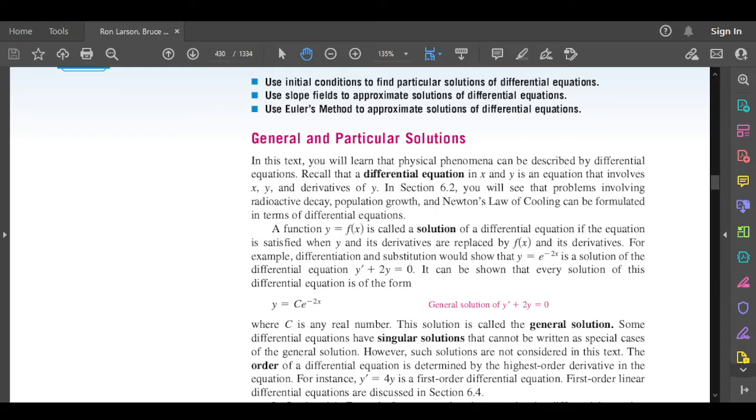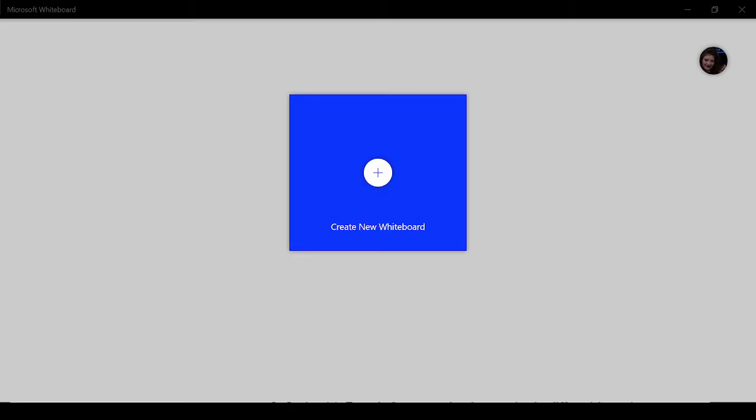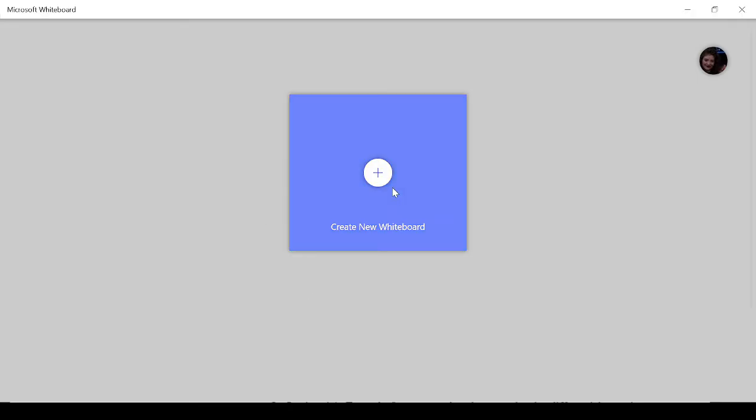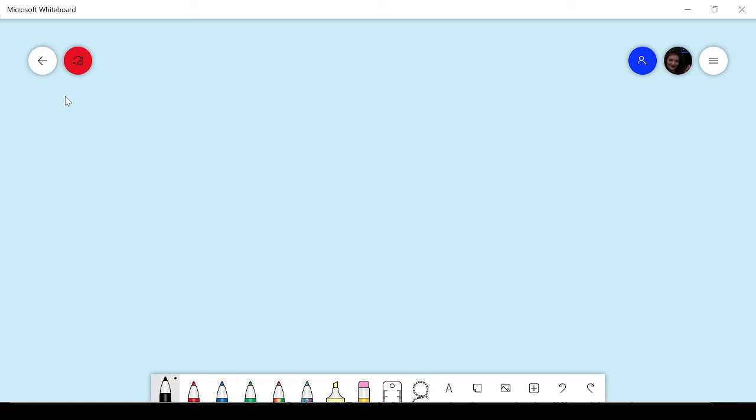We have y equals e raised to the power of negative 2x, and this is a solution of the differential equation y prime plus 2y equals 0.